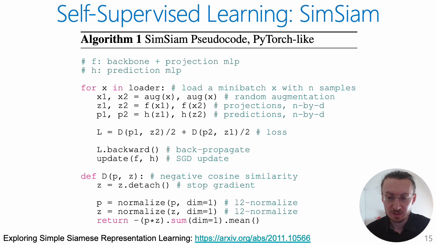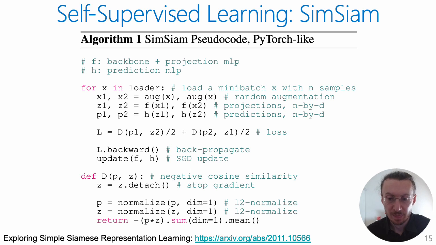Then we compute the loss. Note that the loss has two parts. The first part of the loss is computed between prediction 1, p1, and the representation 2, z2. The second part of the loss is computed between the prediction 2, meaning p sub 2, and the first representation z sub 1. Then we do the standard backward pass and compute the update for the encoder f and projection head h.